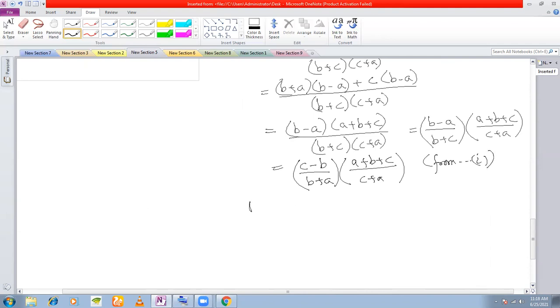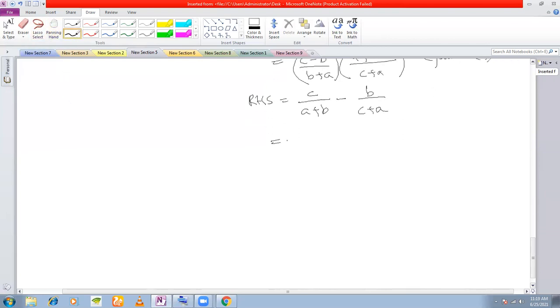Okay. Now we start from the right hand side. The right hand side here is c by a plus b minus b by c plus a. Take the LCM. A plus b into c plus a.